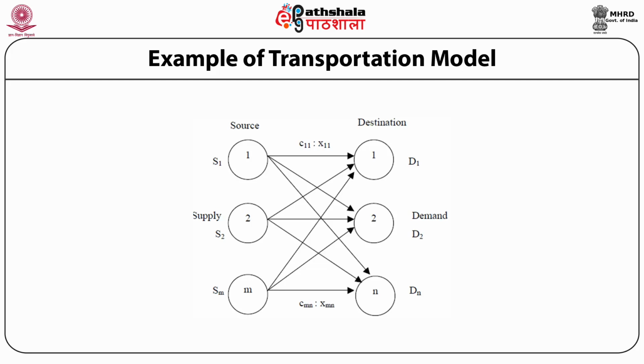In the figure, we have illustrated by taking three supply centers and three demand centers. Determination of how many units to be allocated from each supply center to different demand centers becomes quite difficult if done manually. Usage of computer software is recommended when the number of supply and demand centers increases.